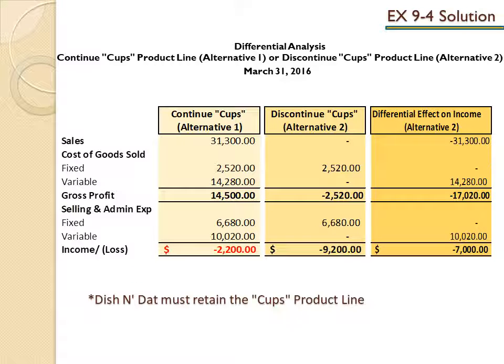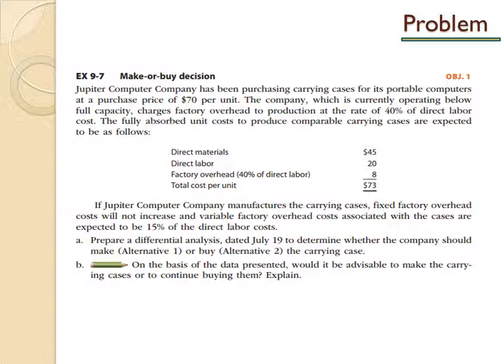Thus, the decision should be that Dish and Dat must retain the cups product line. So let's proceed to the third problem, which is EX9-7, make or buy decision.